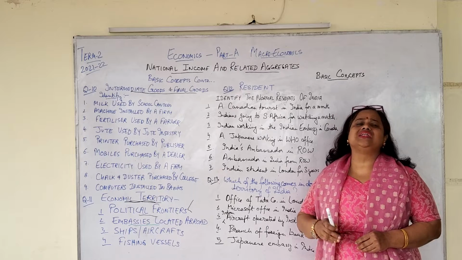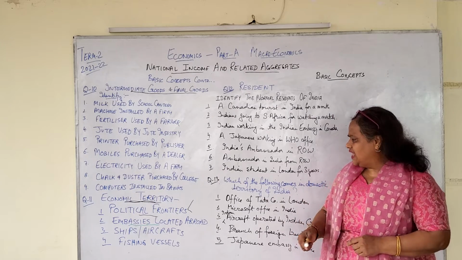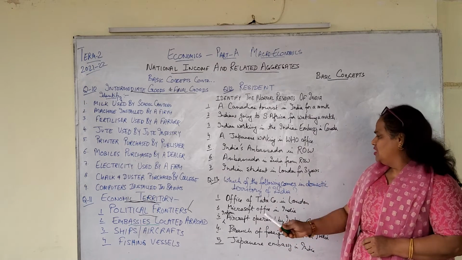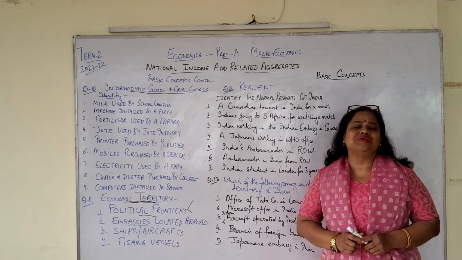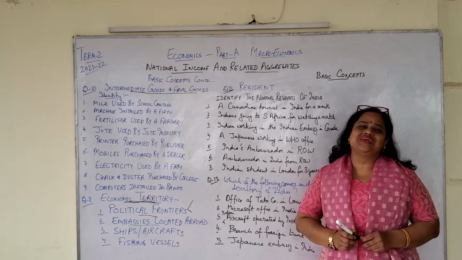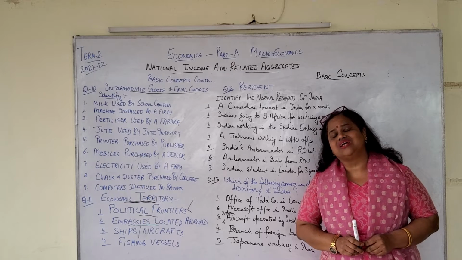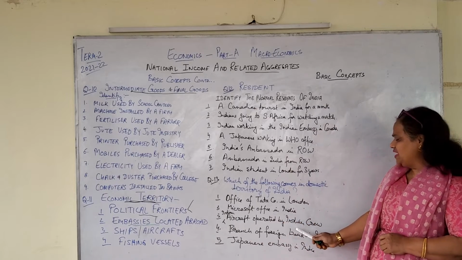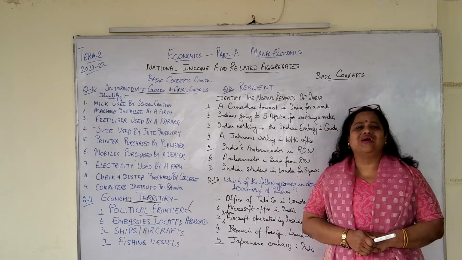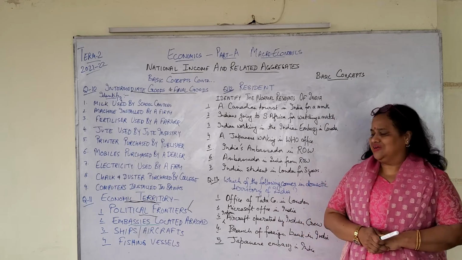Because it is located in London. Then you have to write the reason also. Microsoft Office in India is a part of the domestic territory of India because it is located within the political boundary of India. Then an Indian aircraft operated by an Indian crew is a part of the domestic territory of India.